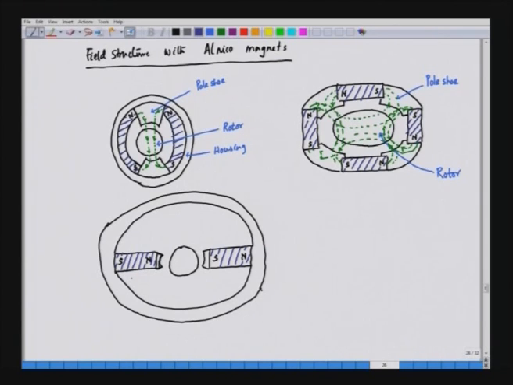And here we have the rotor, this is the stator yoke.